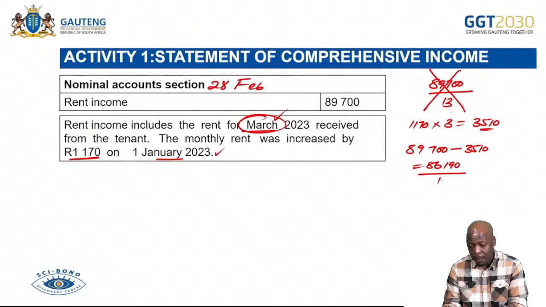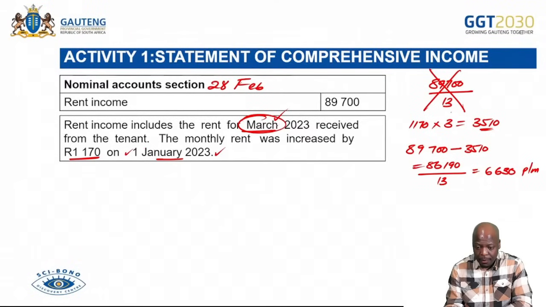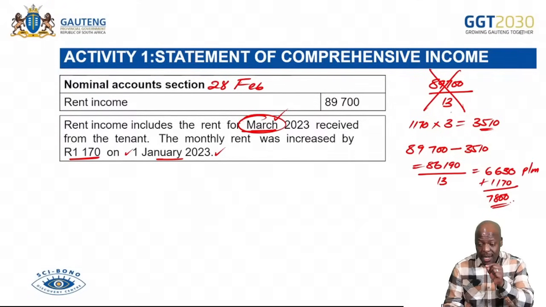So I can divide this now by 13. And then that's going to give me 6,630. Rent per month without increase. But we know it increased in January. That means in March, that rent had an increase. So I'm going to come and say plus 1,170. How much is that going to give me? 7,800. What is 7.8? Income received in advance.